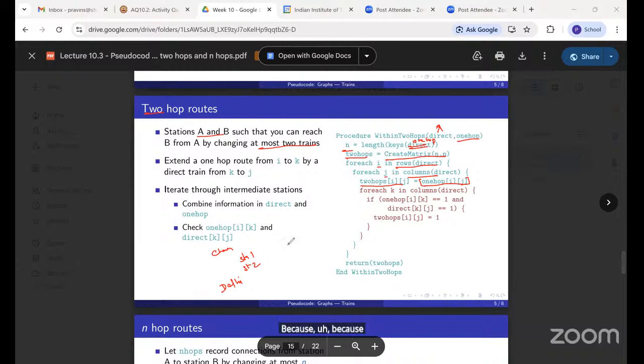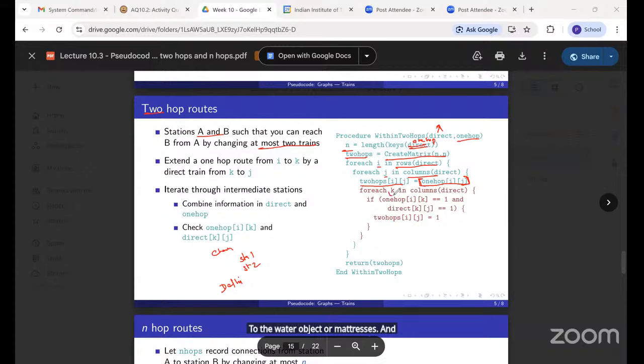Because I already know there is a path from start to end station through one intermediate station. So I don't need to check through the two stations. Since I already have a path through one intermediate station, I can safely initialize to the one hop matrices.